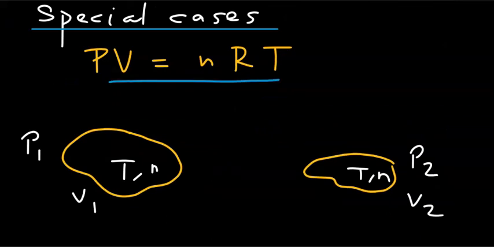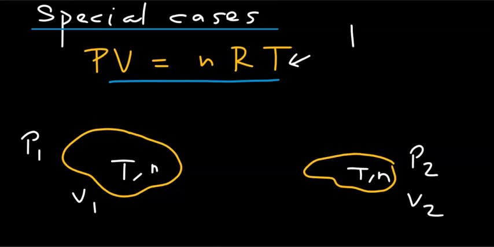Let's look at a special case of this equation right there. Now let's assume that we hold the temperature T and the amount of substance, represented by the number of moles, constant. And let's say we compress the gas so as to decrease the volume from V1 to V2. The question is, what happens to the pressure? From the ideal gas equation, we know the right-hand side of this equation is a constant.